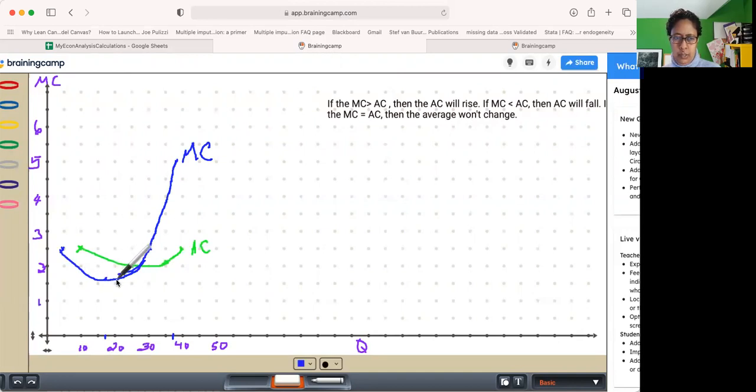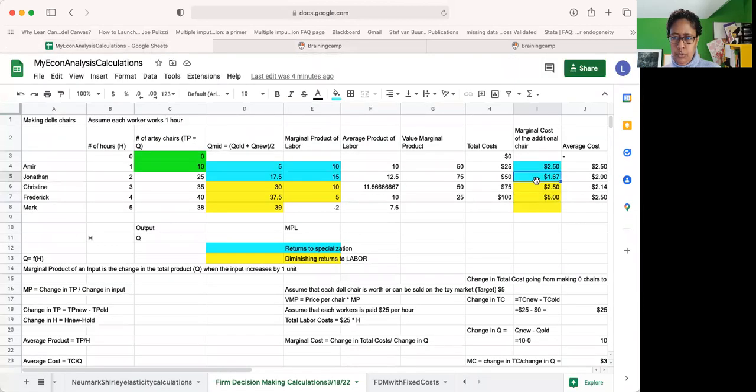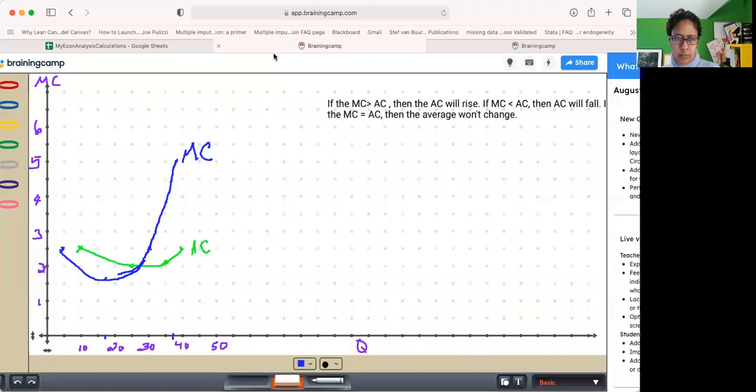Now, interestingly, as we go from 1.65 to 2.50, the marginal cost is actually increasing over this space, right? But for part of this, it's below the average cost. As long as it's below the average cost, it's going to be dragging it down. At some point, the marginal cost is equal to the average cost, and the average is going to stay the same.